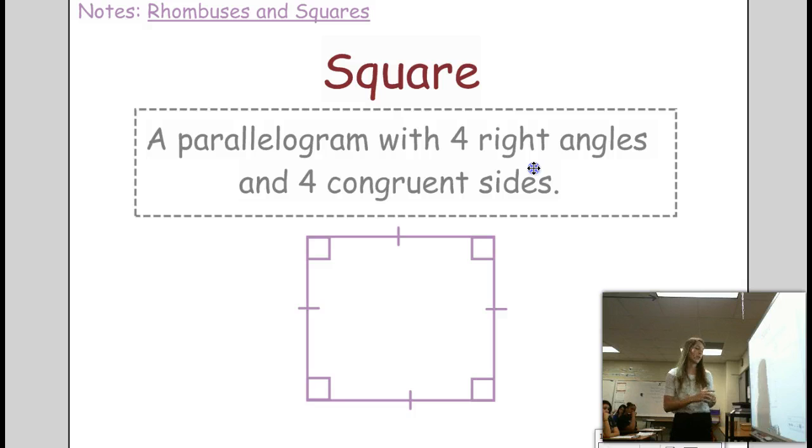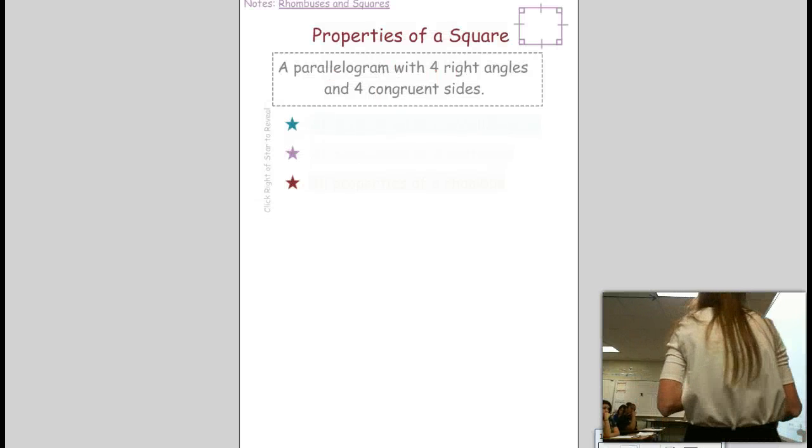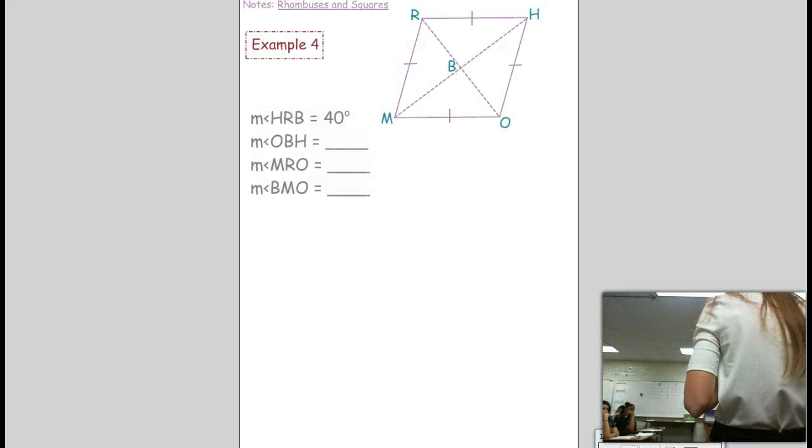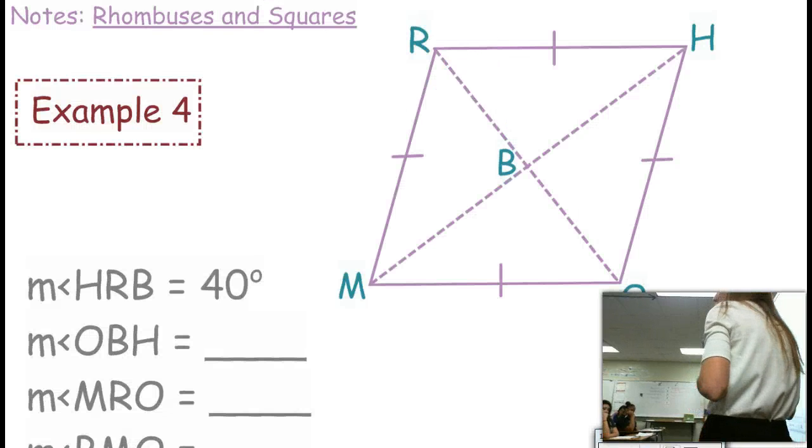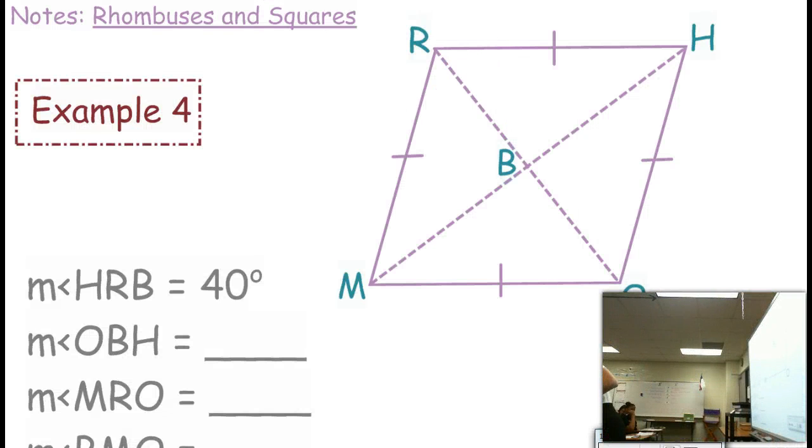A square has all the properties of all of the ones above him. So how many properties does a square have? 10. He has 10 properties. He's the envy of everybody. Everybody wants to be the square. He's the coolest. Quad on the block.